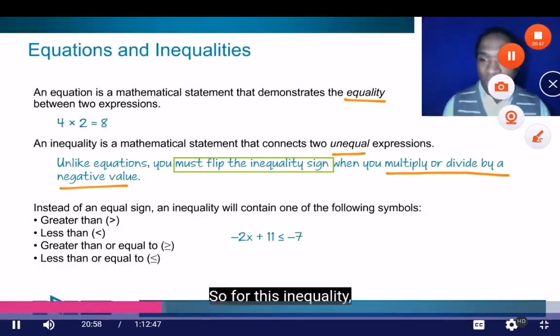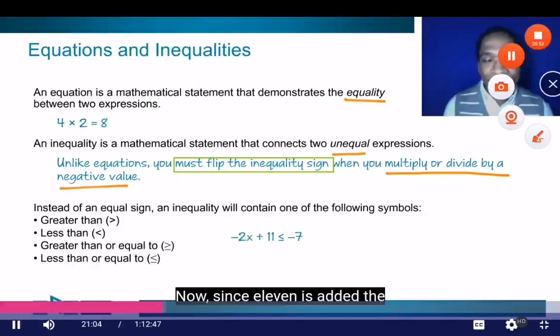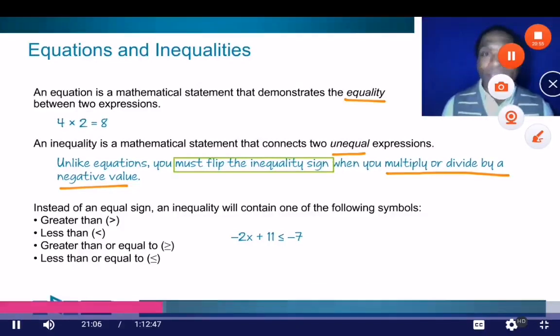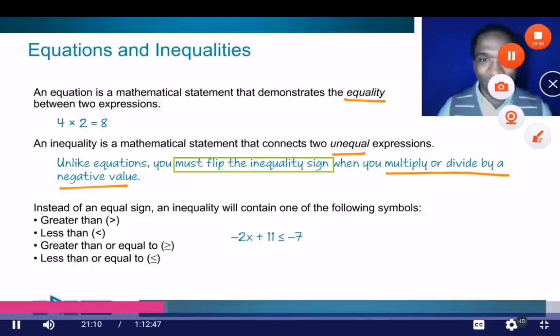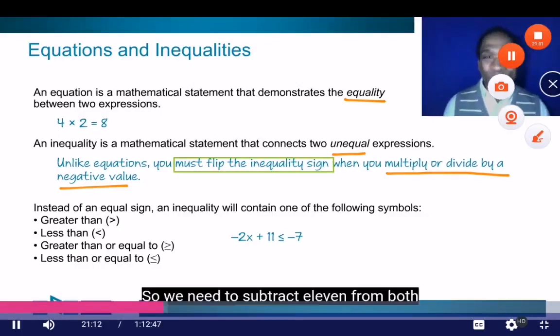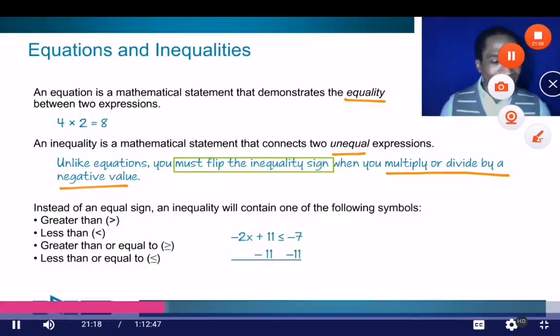So for this inequality, we should start by moving 11 away from negative 2x. Now, since 11 is added, the opposite operation is subtraction. So we need to subtract 11 from both sides of the inequality, like so. And the result is this.